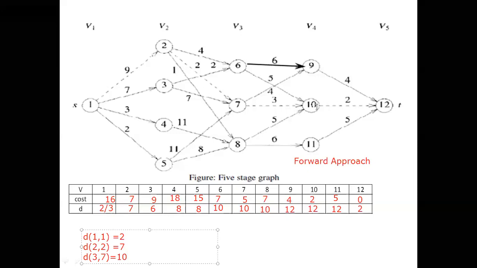I hope it's clear. Obviously the last vertex is 12. That also we have to calculate. How to do? It is D of stage number 3, we are done.